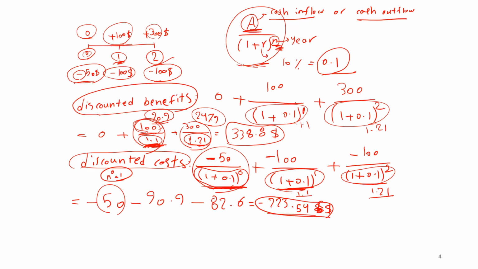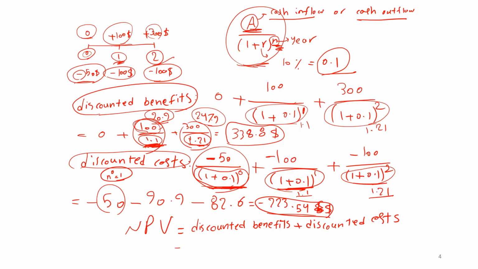Now I want to calculate NPV, final step, NPV. NPV is equal to discounted benefits plus discounted costs, right?